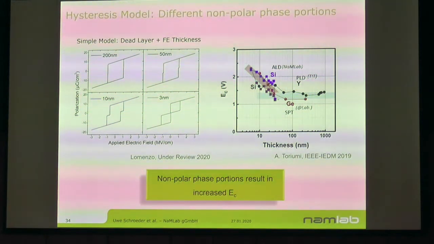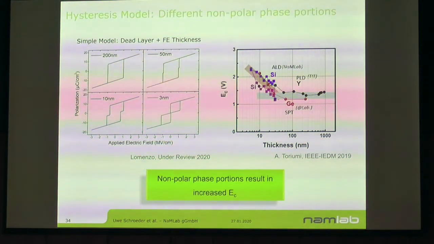And then if you look at the coercive field for final switching to the opposite polarization orientation, you can see that it's going up. This is why we think we see this impact for the very thin films, to higher coercive fields.